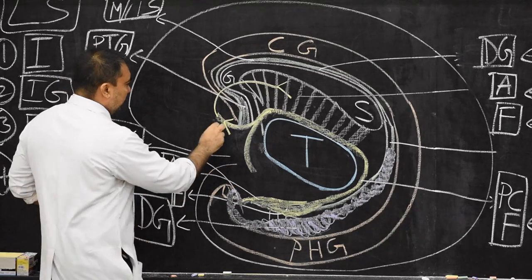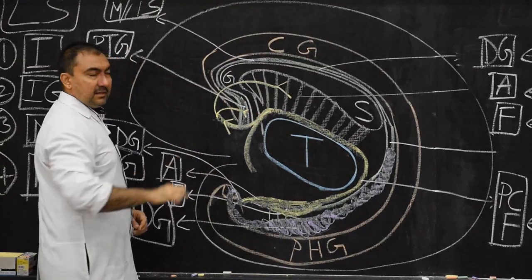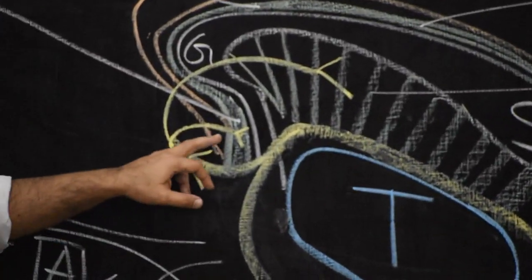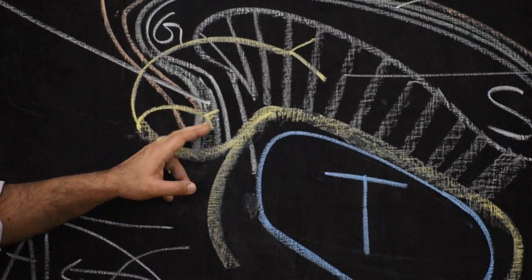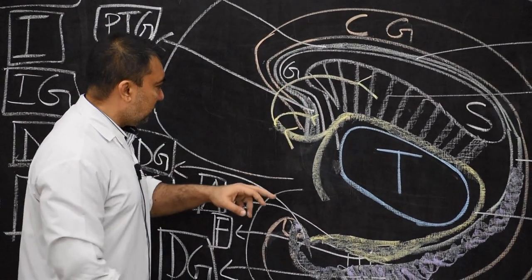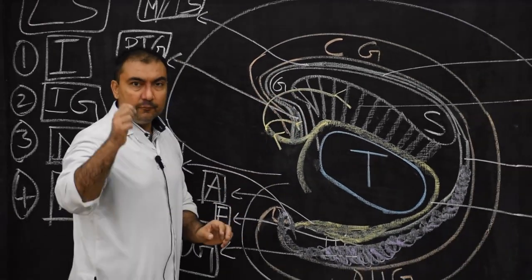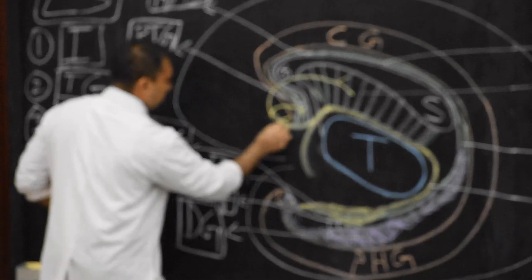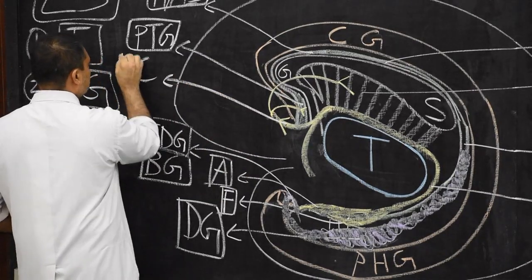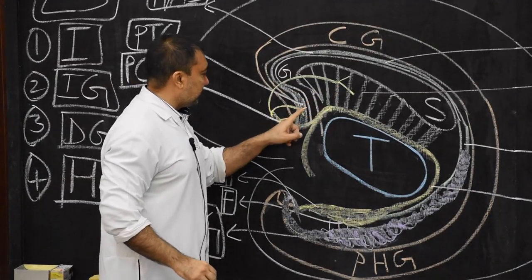Also they will pass in the lamina terminalis, paraterminal gyrus. The precommissural fibers of the anterior column of fornix going in the septal area, very clearly we have shown. So here we will mention these as precommissural fibers of the fornix going in the septal area, respectively the septum pellucidum and the paraterminal gyrus.